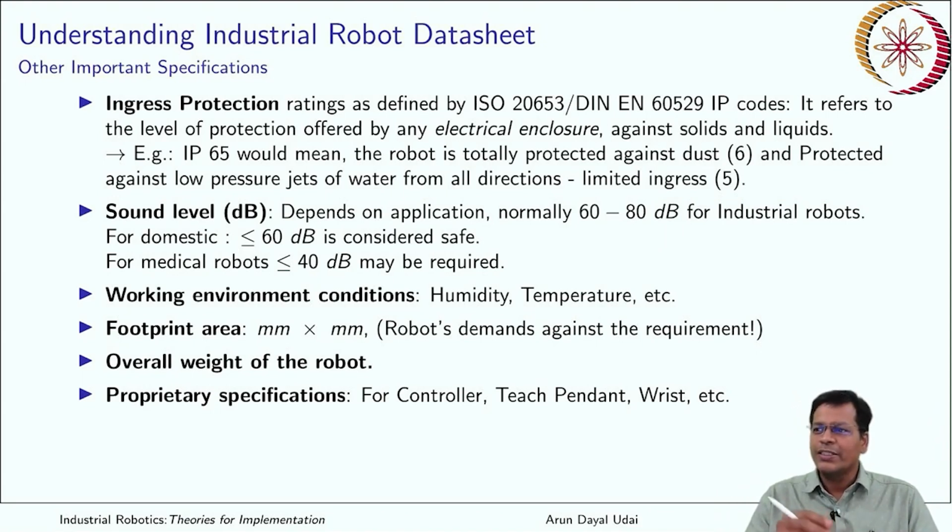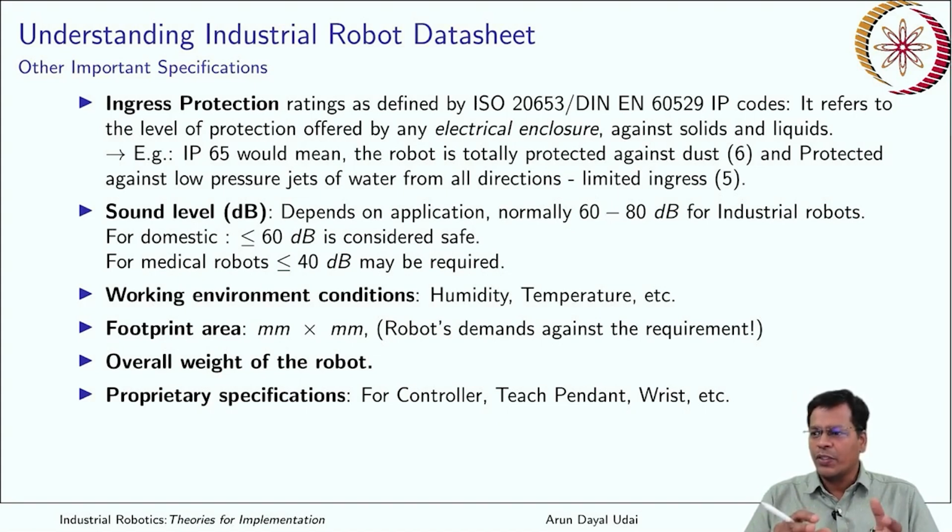Got it? So each and every thing that you are going to mount on this robot should qualify for that. Controller, maybe you can put it quite remotely off the robot location, but teach pendant, wrist, gripper, these things go directly on top of the robot and they should also qualify. So that is the reason some proprietary specifications are also given, at least for the controller, teach pendant, wrist.